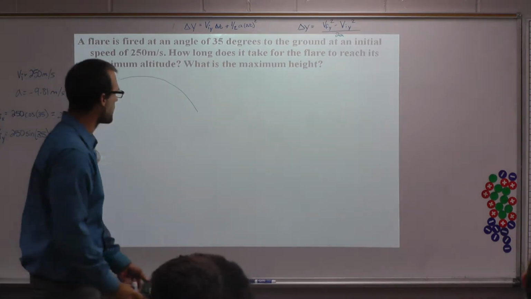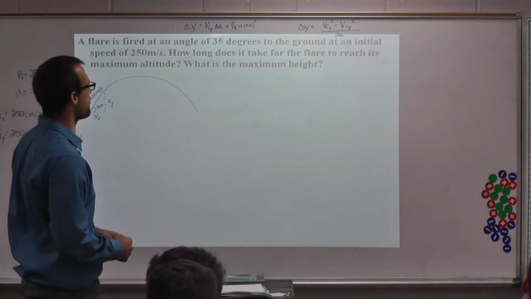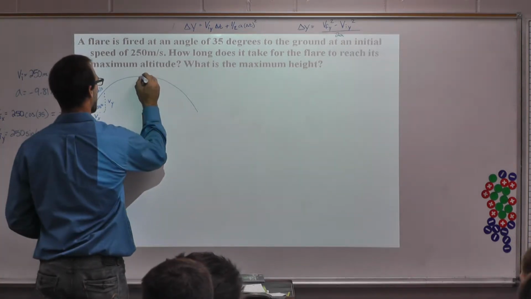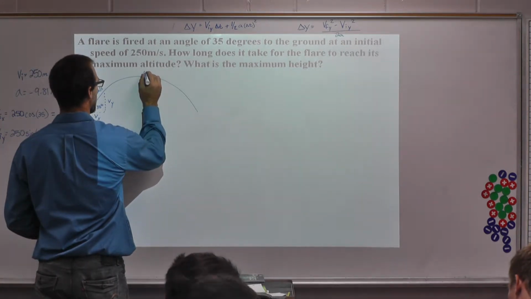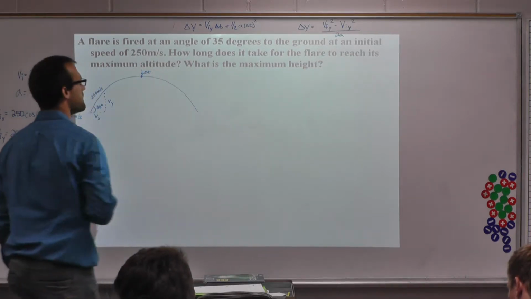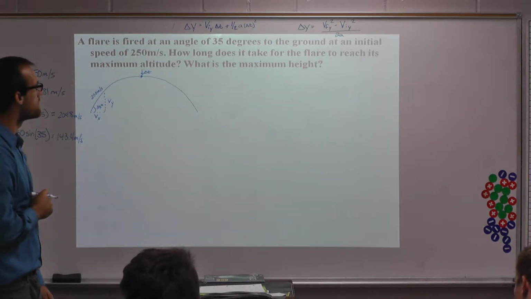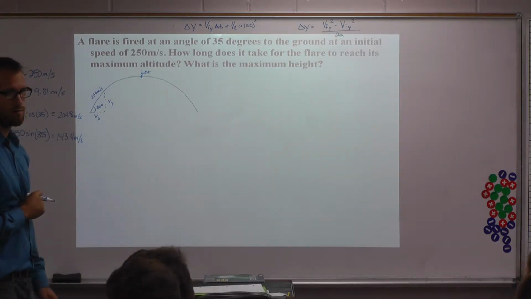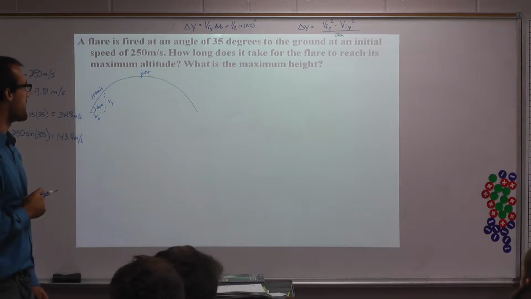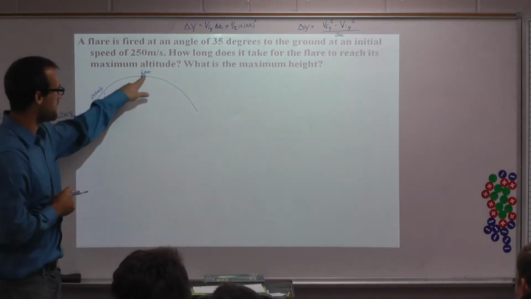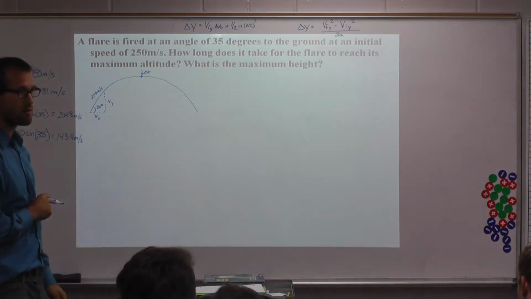Okay, so we want two things in this problem. How long does it take for the flare to reach its maximum altitude? So, AKA time at this point. Did you make the Pythagorean theorem? Because it needs time. How long does it take to get there? And we cannot use Pythagorean theorem to find this because it is not a straight hypotenuse to get to that.